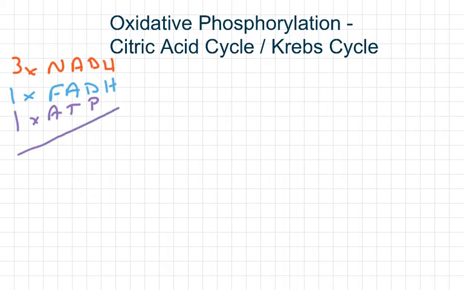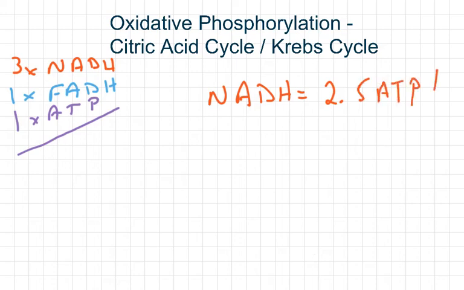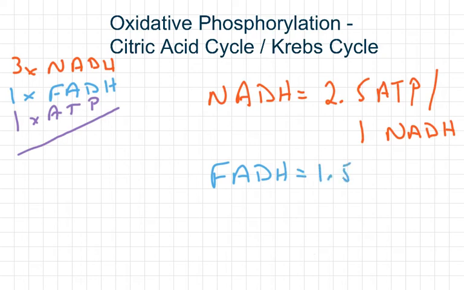If we do our math using our conversion factors, we know NADH creates 2.5 ATP per 1 molecule of NADH. Additionally, we know FADH on average creates 1.5 ATP per 1 molecule of FADH.